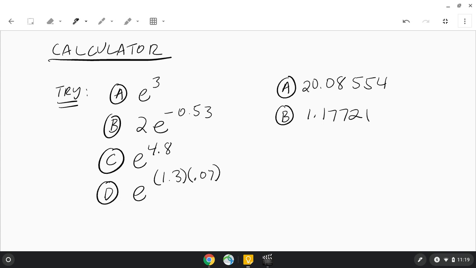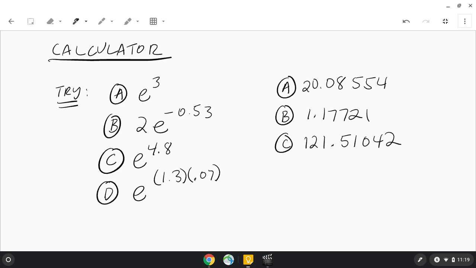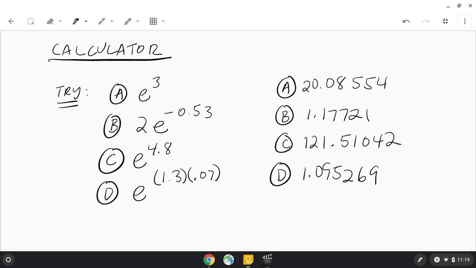Go ahead and hit the pause button and try letter C. For letter C, you should have gotten 121.51042. And go ahead and hit the pause button and try letter D. For letter D, you should get 1.095269.